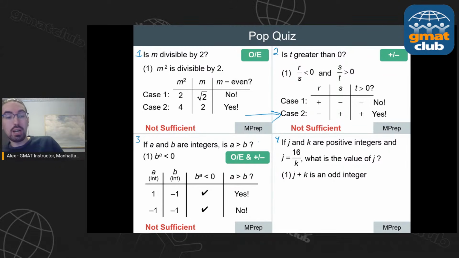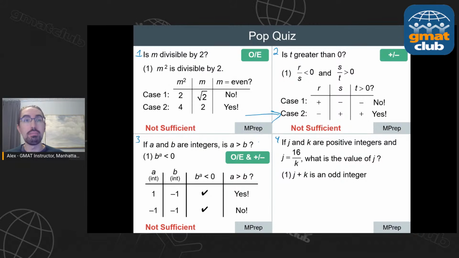We know A can be positive or negative, but we also know, yes, that A has to be odd. It can't be even, because taking a negative number B to an even exponent will get rid of that negative, right? If you square a number, it will become positive, no matter what it is, positive or negative. So A could be positive, could be negative, but it has to be odd. And that's how this question is actually also testing us on odds and evens.